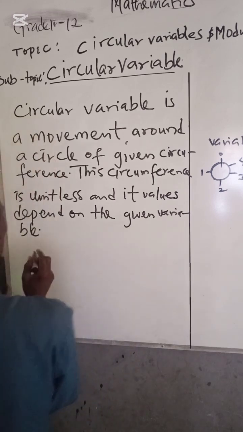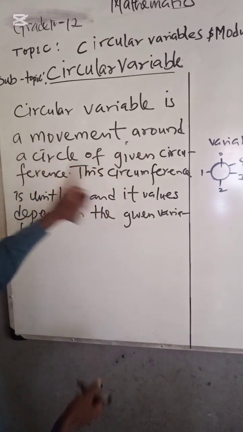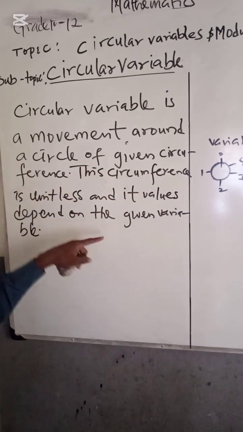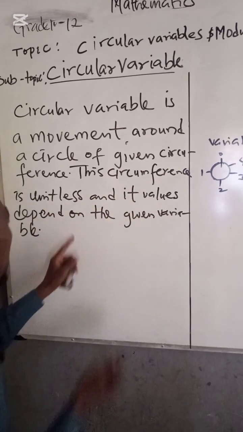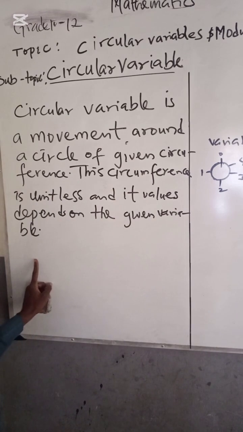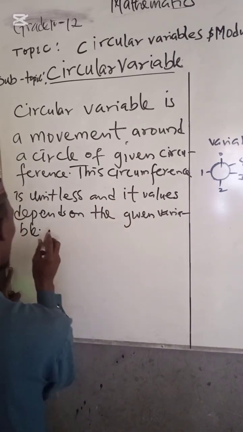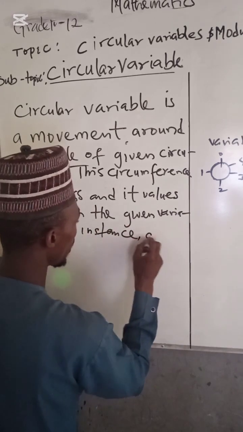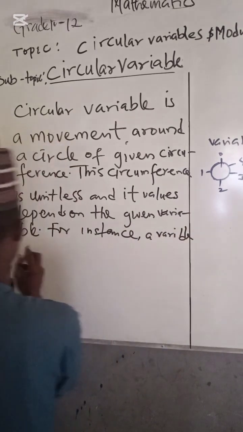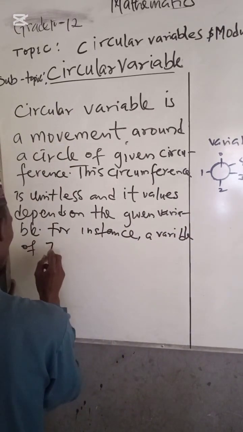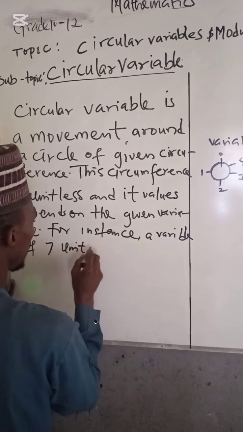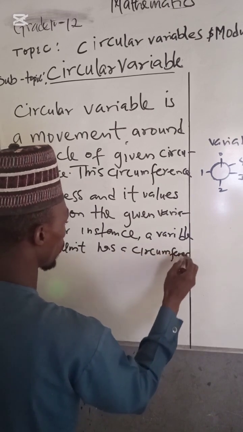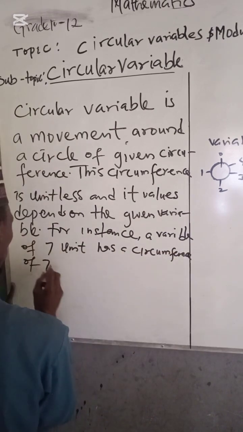A circular variable is a movement around a circle of given circumference. This circumference is unitless, and its values depend on the given variable. For instance, a variable of 7 units has a circumference of 7.